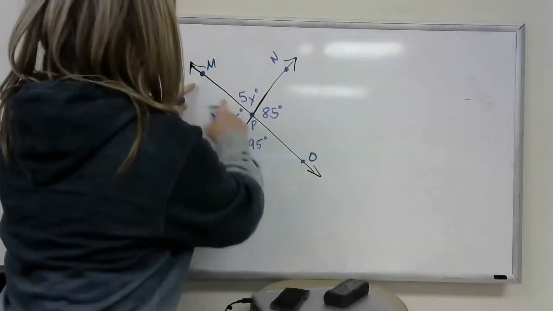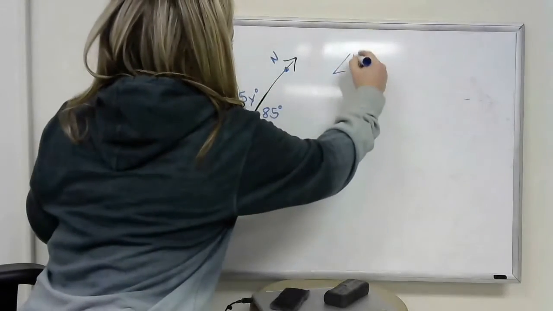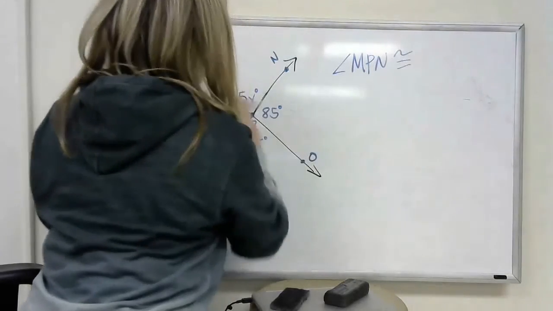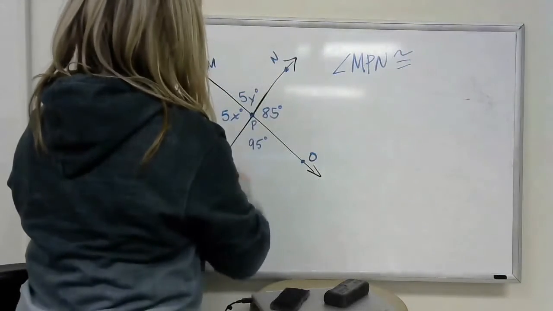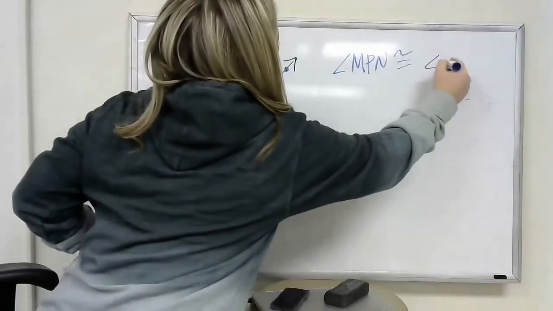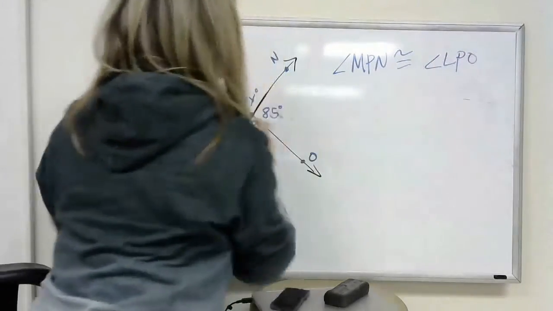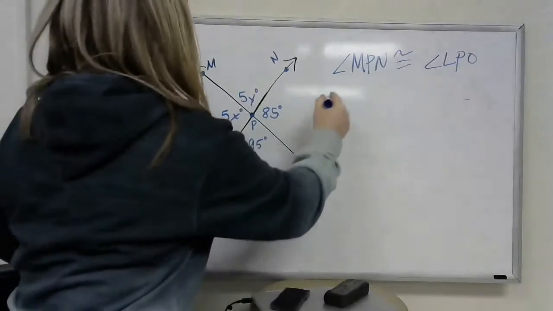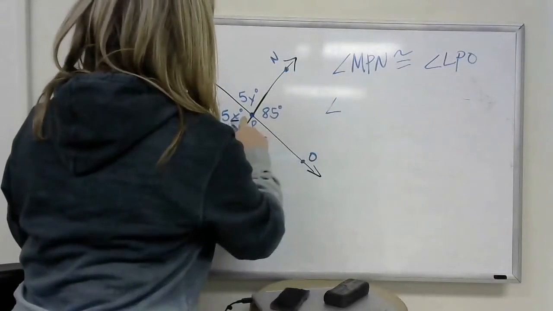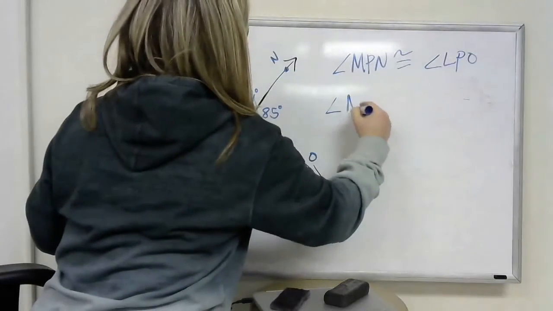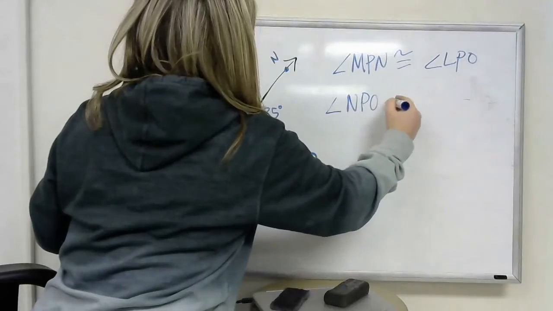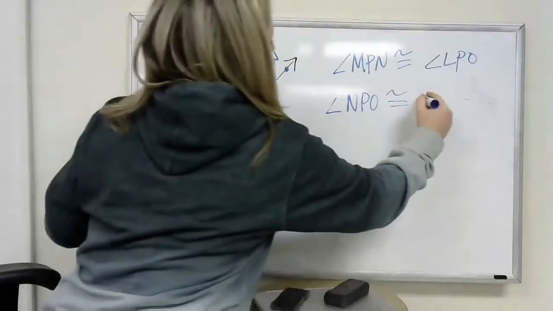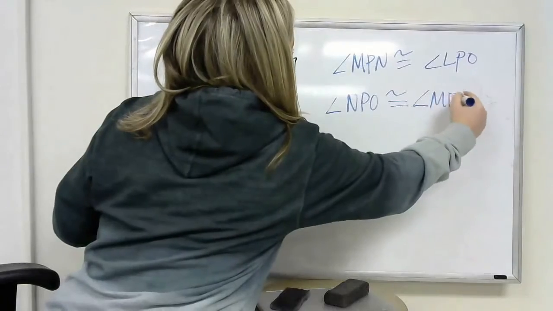So it would be angle MPN is congruent to angle LPO. Now there's also these two angles. So either one. We have angle NPO is congruent to angle MPL.